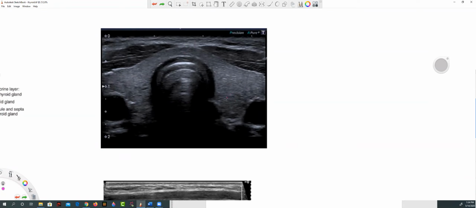Probably a younger person, because by the time we're older, most of us have something going on in the thyroid. See a little bit of esophagus over on this side, just a little bit. CCA, CCA. Of course, we have artifact, reverb artifact.